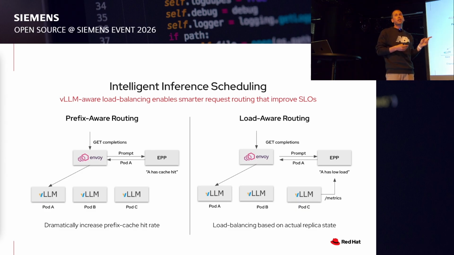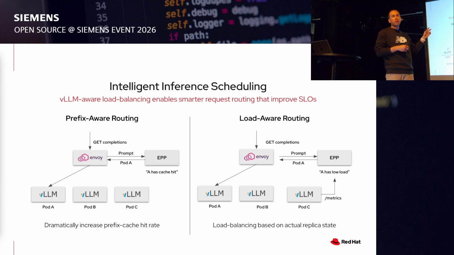But it also takes a look at KV cache utilization, because we want to route requests to the pods that have the lowest KV cache utilization. We already know that the conversation might get longer and longer, so we want to have space for that conversation to happen. Otherwise, we might get a KV cache eviction, and it's going to slow us down, and it's not very good for the experience. And then we have prefix-aware routing.